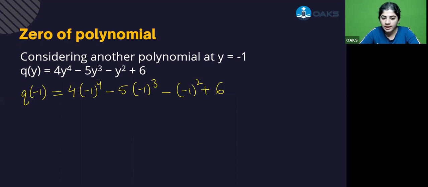Does everybody understand what I am saying? Now these are polynomials in variable y, and we are saying that we have to put y is equal to minus 1 at every place. Wherever we see y, we will put minus 1.